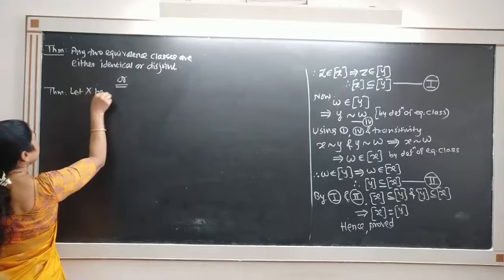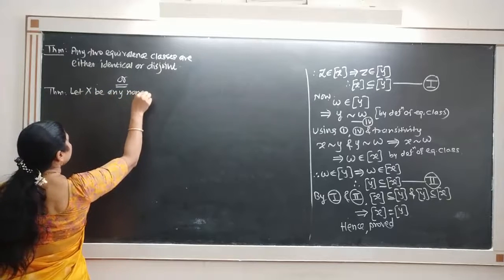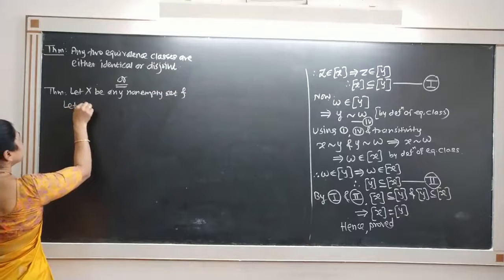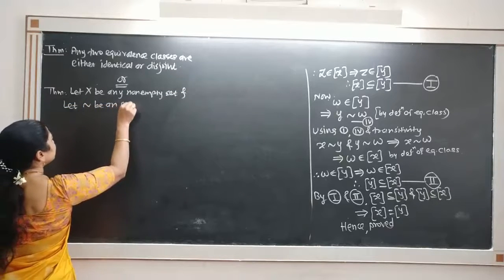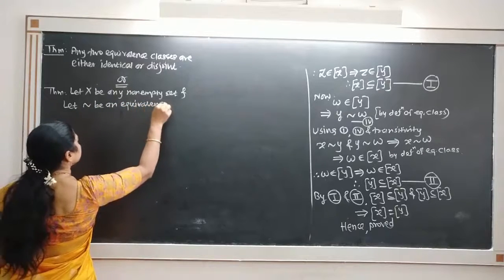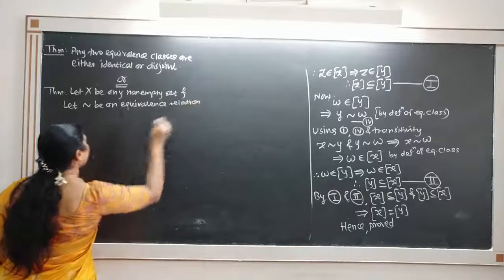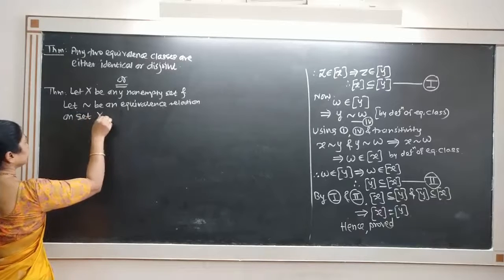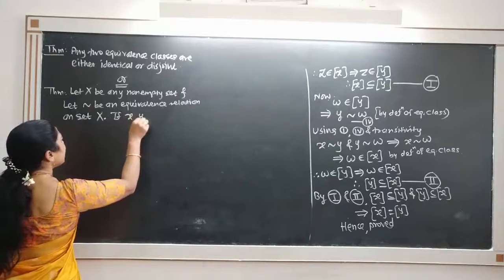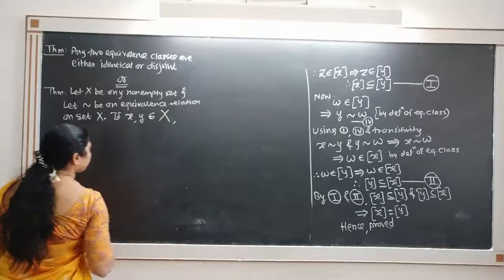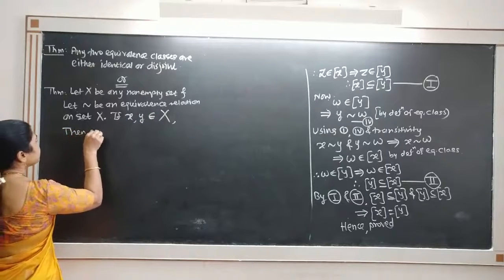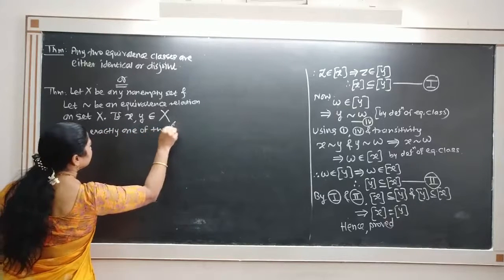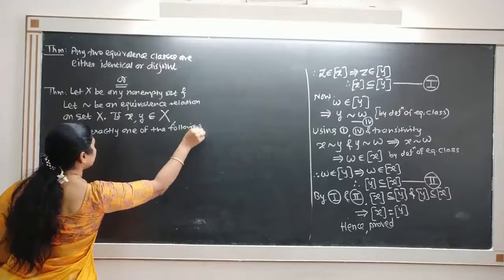The same theorem can be stated as: let X be any non-empty set and let there be an equivalence relation on set X. If elements x and y belong to set X, then exactly one of the following is true.